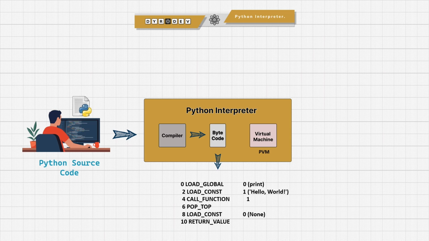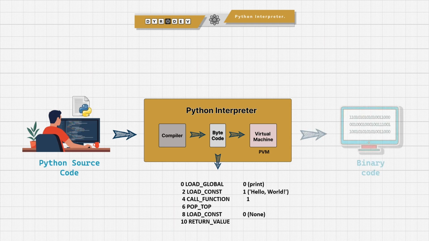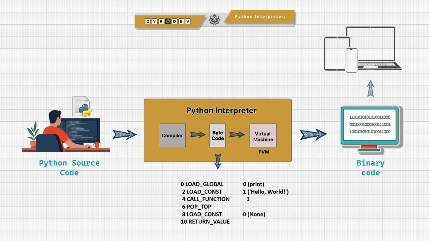So this bytecode is then further sent to the PVM, which is also known as the Python Virtual Machine. This Python virtual machine converts your bytecode into machine readable code. This machine readable code is the code that the processor can directly understand and run on a machine. So this is how the Python interpreter works.